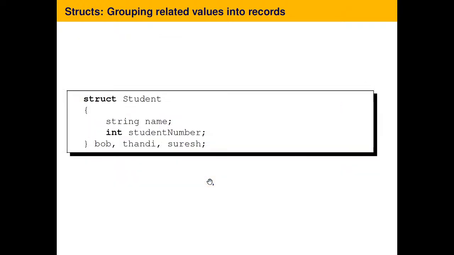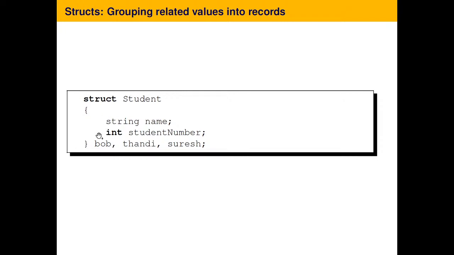So anyway, here is a student structure that stores a string with the name of the student and their student number. Very rarely, when you define a structure, you can introduce variables of that type straight away. We almost never do that, because remember, we like to put our type definitions inside the header file, and variables should never go in the header file.